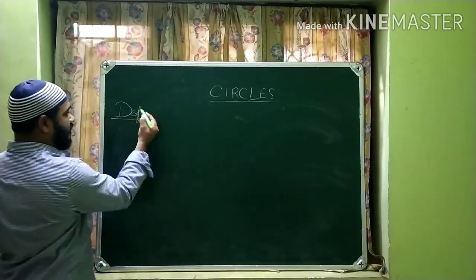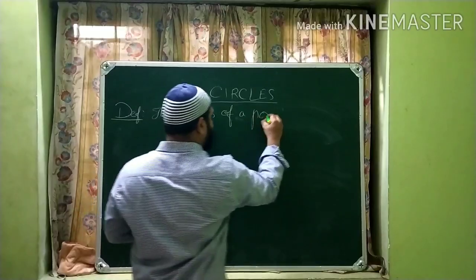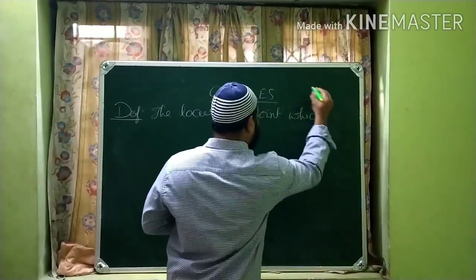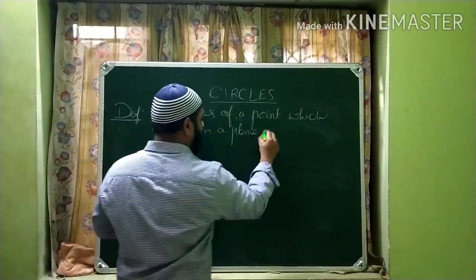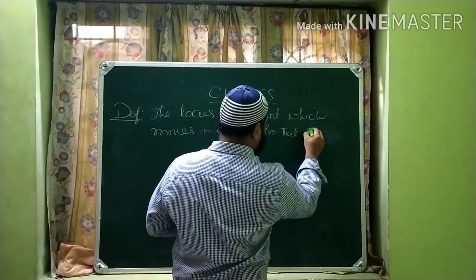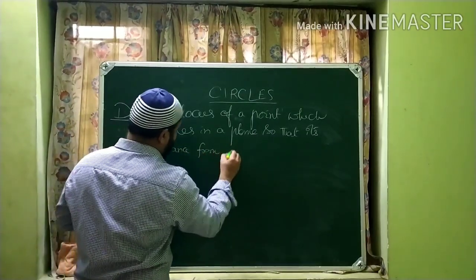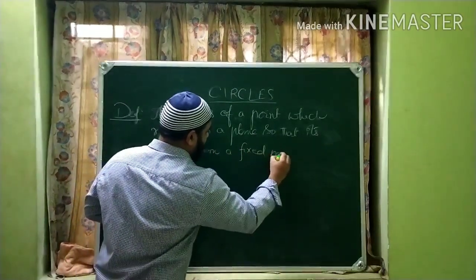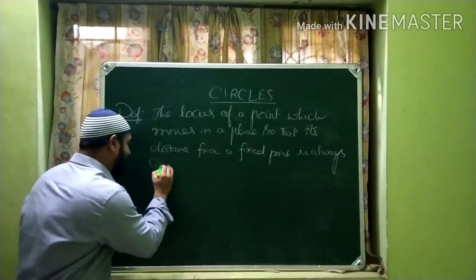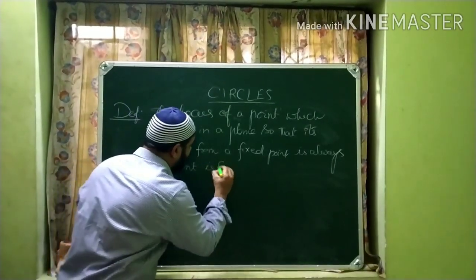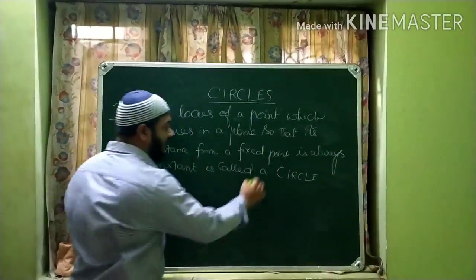The definition is: the locus of a point which moves in a plane so that its distance from a fixed point is always constant is called a circle.